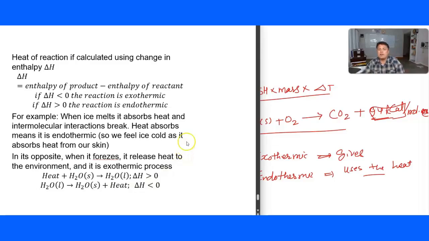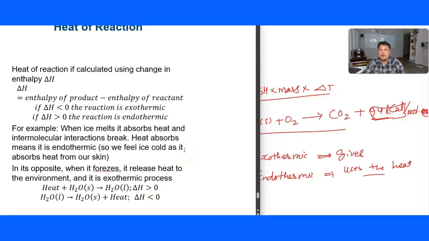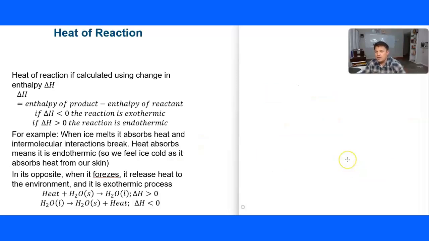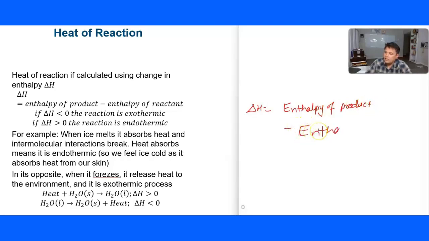So the heat of reaction is calculated using the change in enthalpy. If you calculate the heat of reaction using the change in enthalpy, then change in enthalpy is equal to enthalpy of product minus enthalpy of reactant.